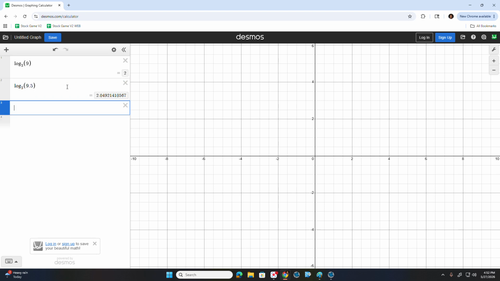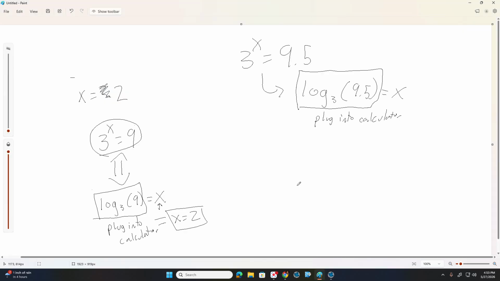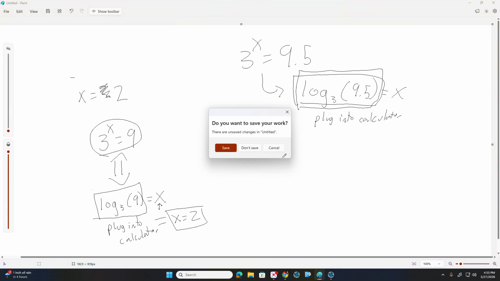We get a pretty garbage answer, but the important thing is if I take 3 to the power of 2.0492141056.7, I get awfully close to 9.5. Is it exact? No, because this number's digits go on forever, and I don't really have time to deal with that. But we can get very, very good approximations. The actual value is just the log base 3 of 9.5. So that's kind of all we have there. That's the first use case for utilizing logarithms.